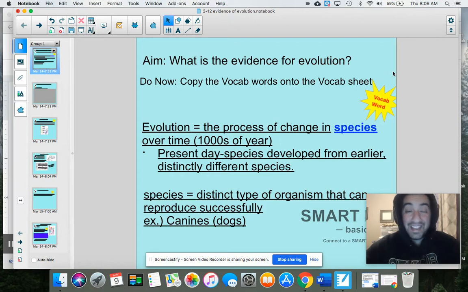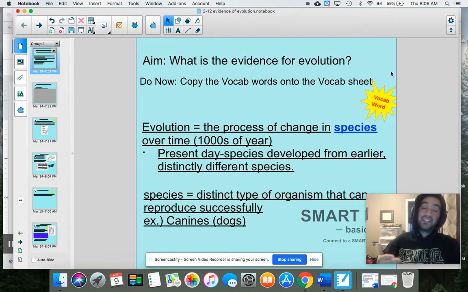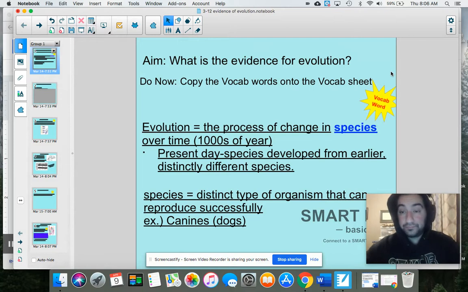Evolution is the process of change in species over time, thousands of years. This does not happen quickly or overnight. What that says is present day species, so the animals you observe today developed from earlier, distinctly different species.